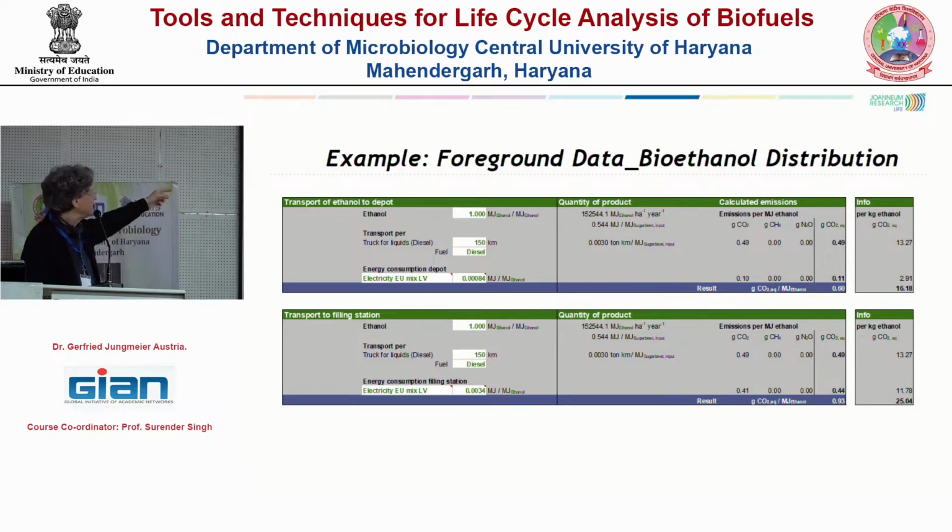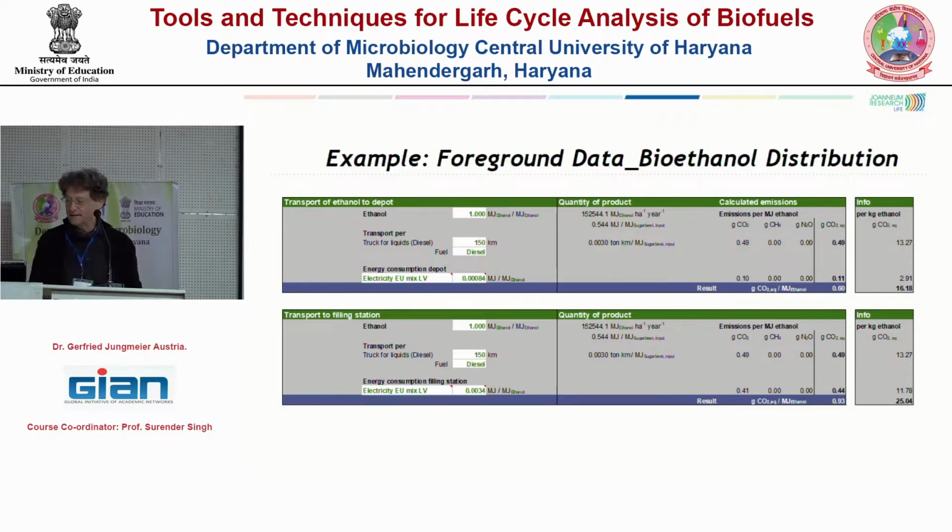And finally you go to the filling station, which also needs some electricity for the pumping, and then the LCA stops. So then you really have the value of greenhouse gas emissions per megajoule bioethanol at the consumer side, when you start filling in. So this is the system boundary of this system, and if you're interested to start an LCA, I think this would be the easiest way to start doing it.